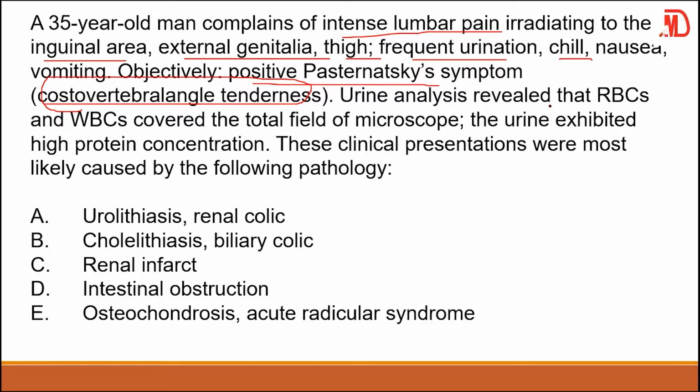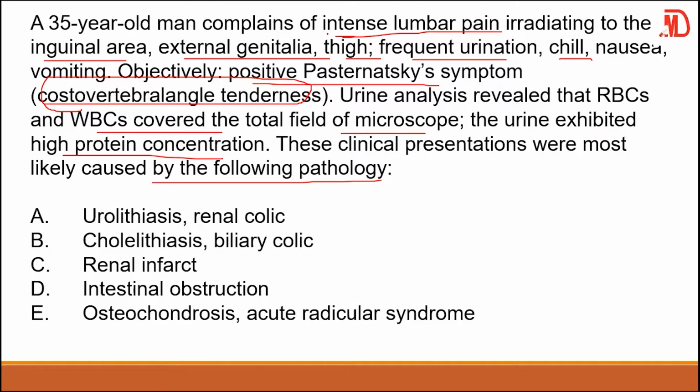So urine analysis revealed that RBCs and WBCs covered the total field of microscope. The urine exhibited high protein concentration. These clinical presentations were most likely caused by the following pathology. So if you look at the option that we are having over here, you can boldly look at it.